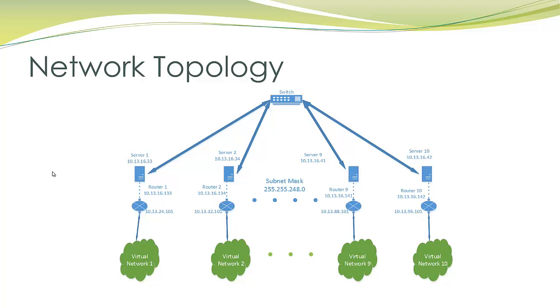So actually we have 11 subnets. All these servers share one subnet, and the other end of a router shares a different subnet. So these virtual networks are connected into their distinct subnets.